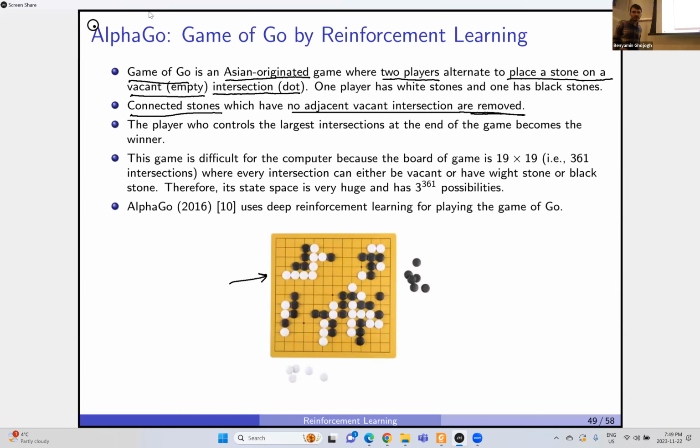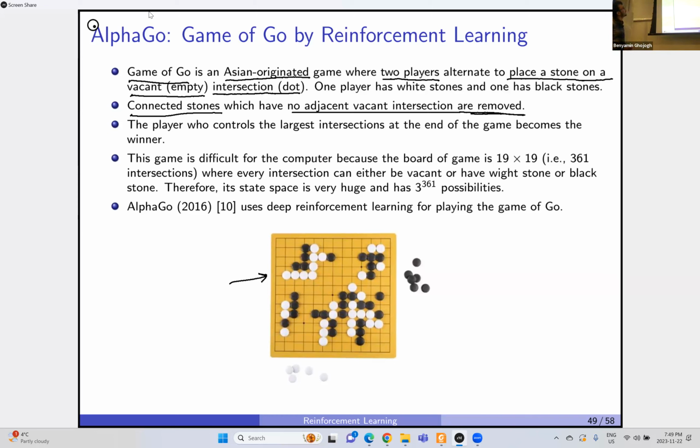So you put the stones in a way that they become connected without any adjacent vacant intersection. By the way, I'm not an expert in this game, so for more information on the rules, try YouTube or Google.